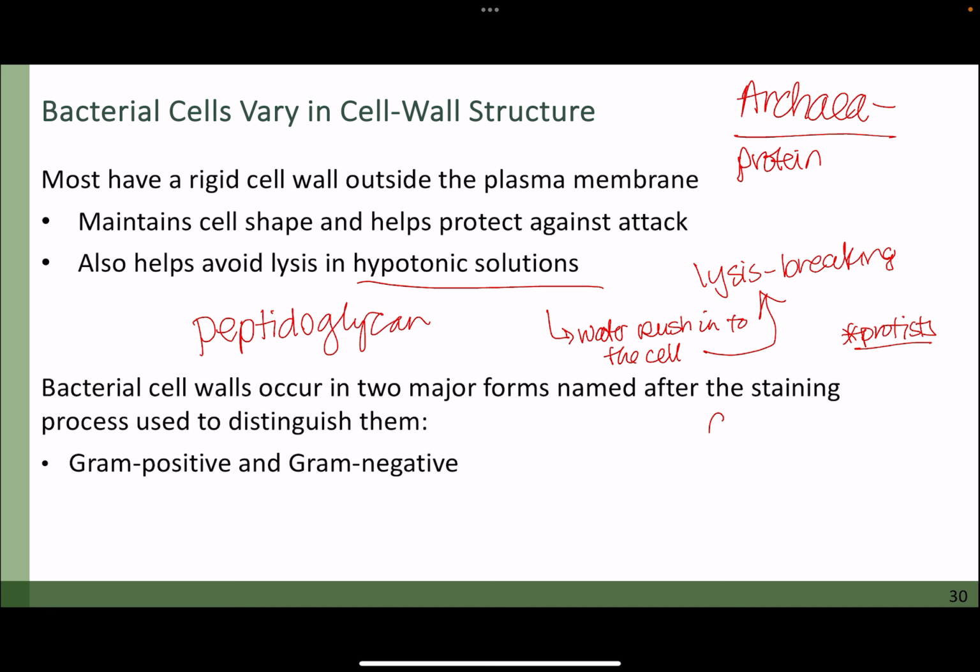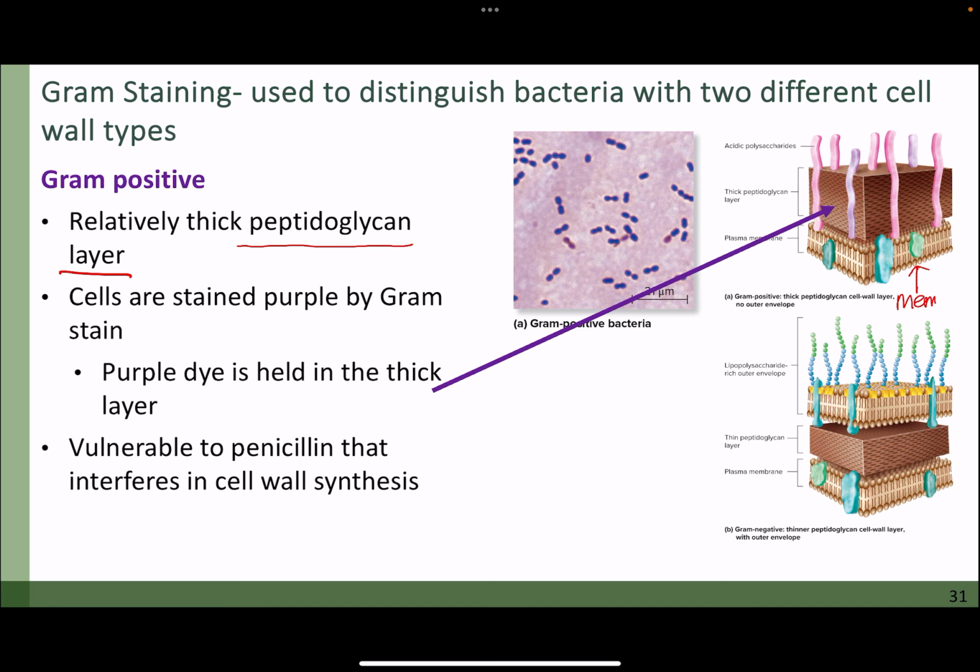In this image on the left, we've got the plasma membrane, and then we've got this really thick cell wall structure. You can see this is kind of like an interwoven mat. It's a really, really thick layer of these peptidoglycan molecules. And you'll notice that it's on the outside of the plasma membrane. That's an important characteristic of these gram-positive bacteria.